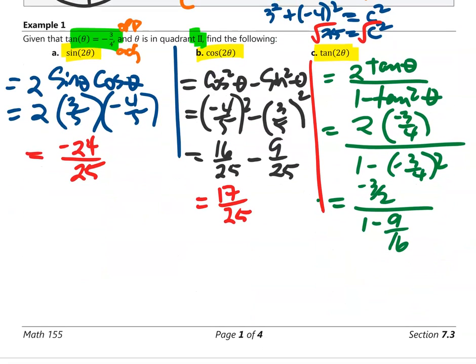And I'm going to use this space here. So -3 halves over 16 minus 9 is 7, so 7/16.